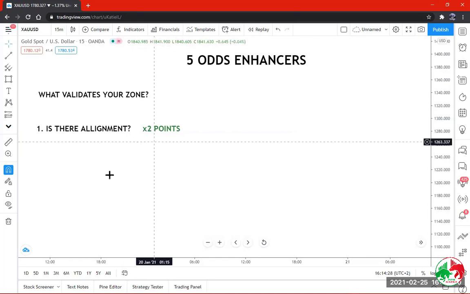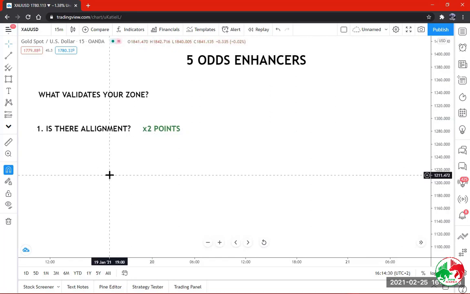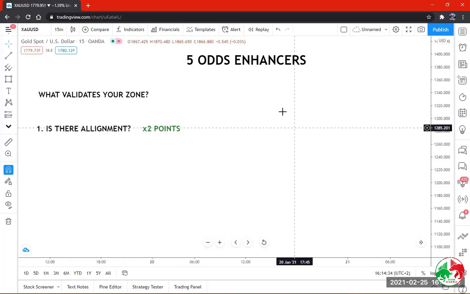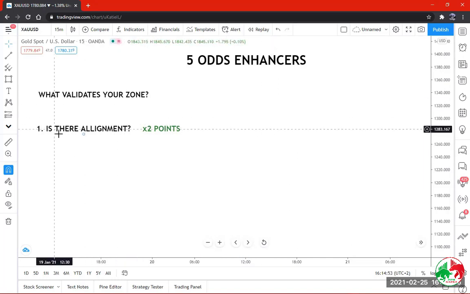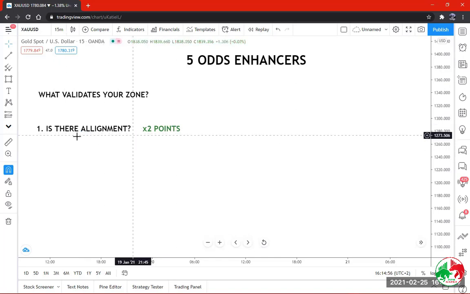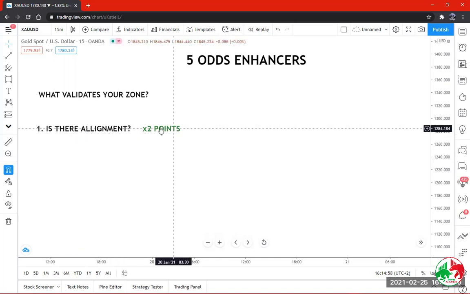Before you get to the daily, you would have already checked the monthly and the weekly. It's going to be much clearer when I do the actual analysis on the live chart. So this is the first question. If this is the case, then it's 2 points.